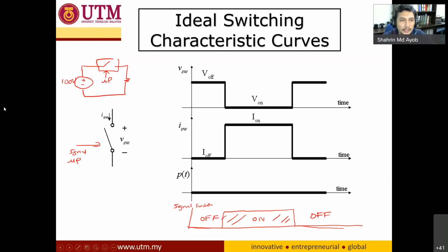The signal comes from the microprocessor, and on and off is controlled by this switch signal. So let's see when the switch signal is off, when the signal from the microprocessor gives an order for this switch to turn off. So what happened when the switch is off?